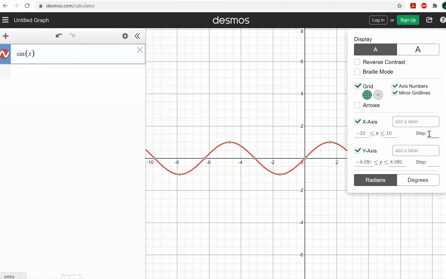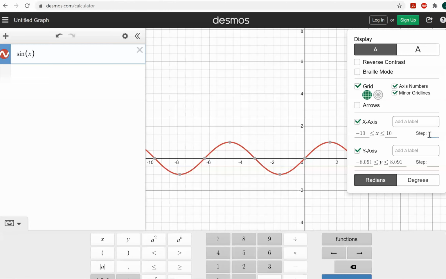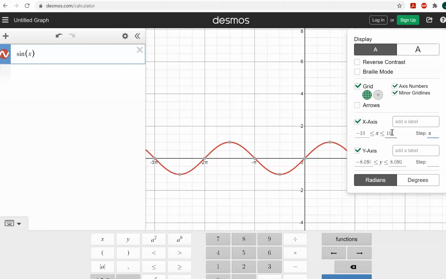If I want it to match the graph I was making before, I would want to change that to pi/4, which you can either type in with the keyboard down here. If you ever need to type in pi, you just type p and then i, and it changes to the symbol. And then I just want to divide that by 4.